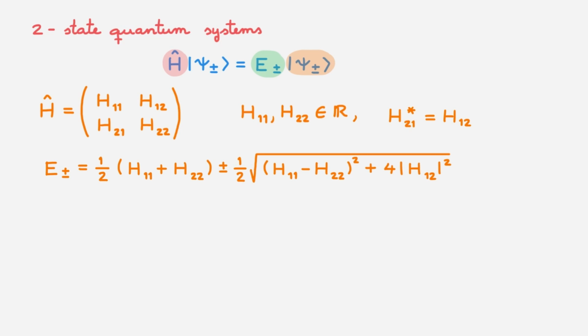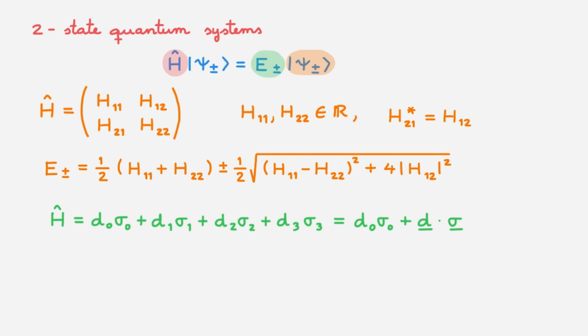Second, we can also write the Hamiltonian in the basis spanned by the identity and Pauli matrices like this, where the parameters d are the expansion coefficients. We can also rewrite it in this more compact form by defining the vector d like this, and the vector of Pauli matrices like this.